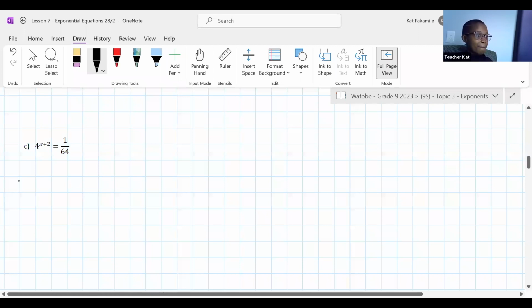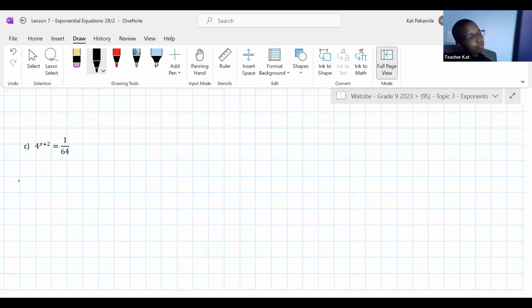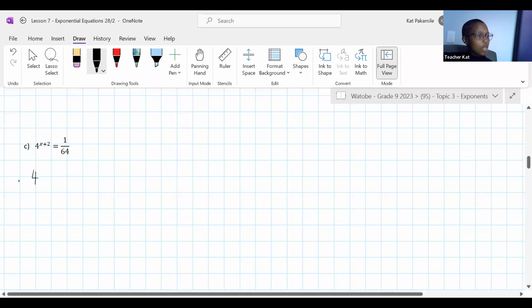Okay, so I think it's going to be 4 to the power of 2 plus 2. No, I made a mistake, ma'am. So what you're going to do is you're going to write 4 to the power of x, and then, okay, now I'm confused. Let's keep the space for now.